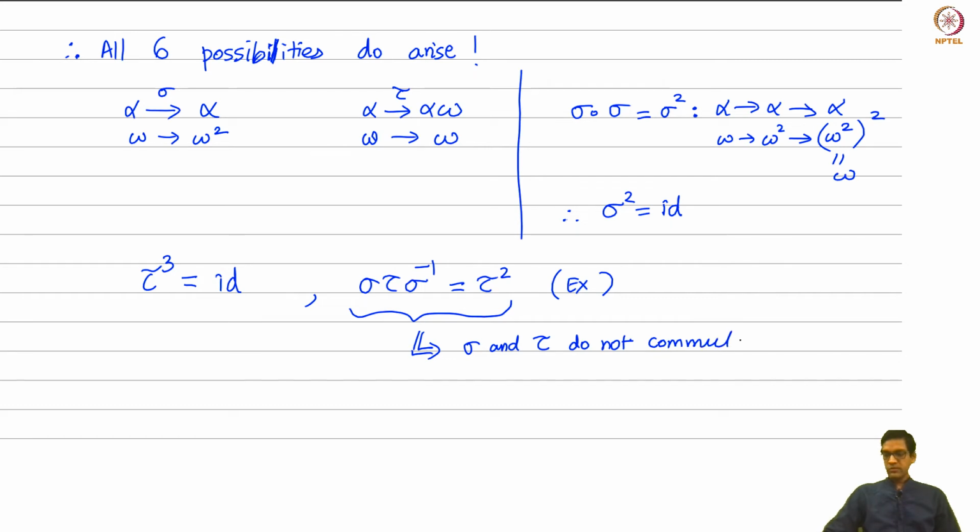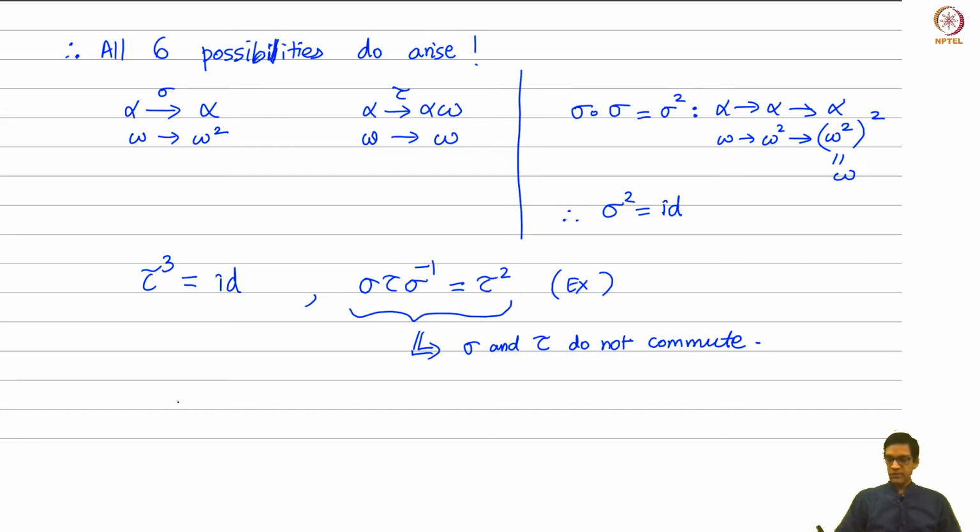Okay, and of course, all this fuss is more or less to say that this is a non-abelian group of order 6, and the relations are probably familiar already. This is the group S3, or if you wish, it's the dihedral group with 6 elements, another way of saying the same thing.